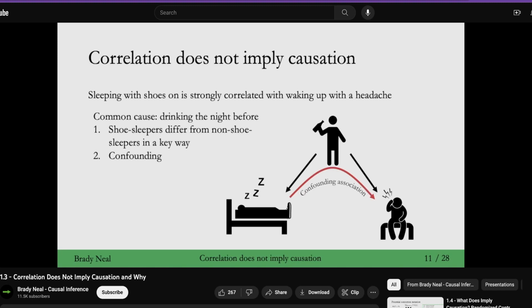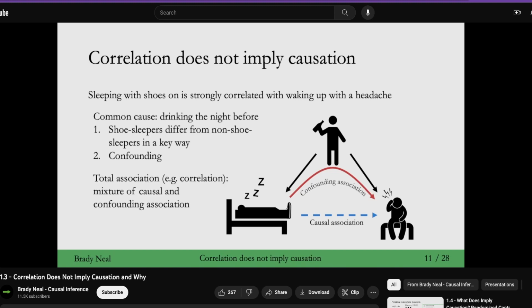There's this confounding association that is running between shoe sleeping and waking up with a headache. And that's the association that we observe. This is in contrast to causal association, which would be a sort of directed path from shoe sleeping to headache.